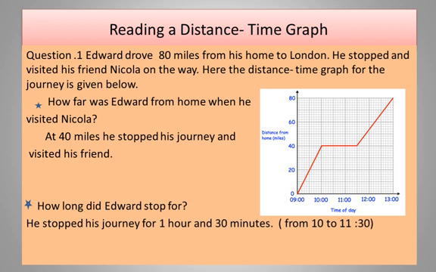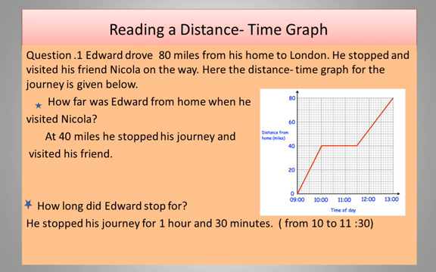From 10 o'clock to 11:30 the line is horizontal, which means the object is at rest. Now the first question, how far was Edward from home when he visited Nicola? At 40 miles, he stopped his journey and he visited his friend. It is clear from the graph that at 40, the line became horizontal.